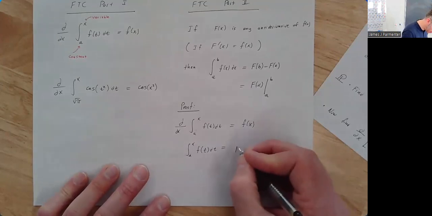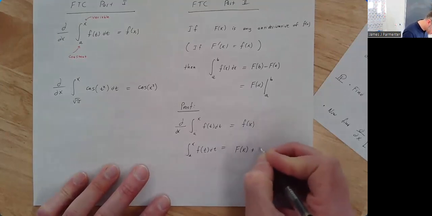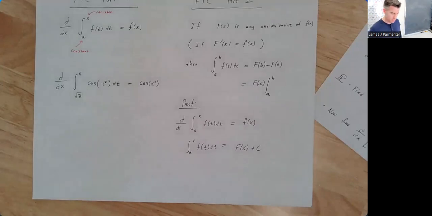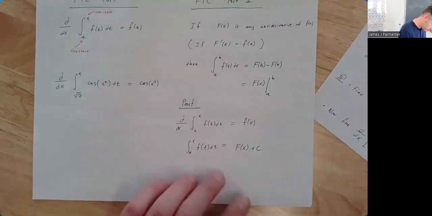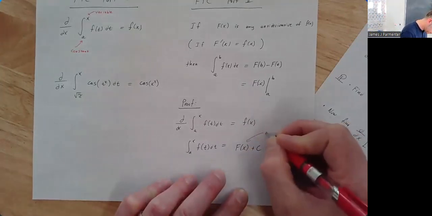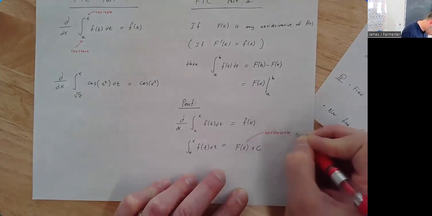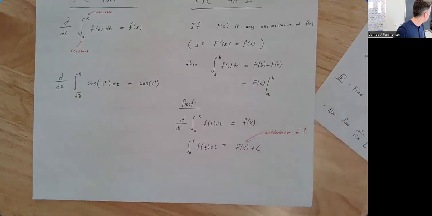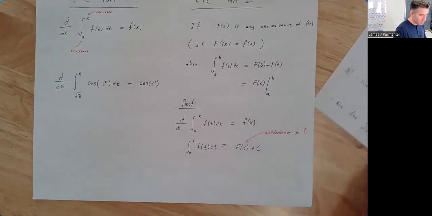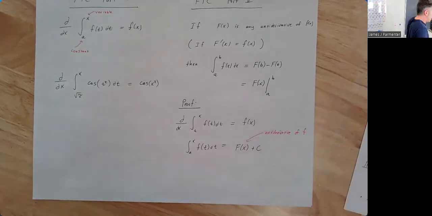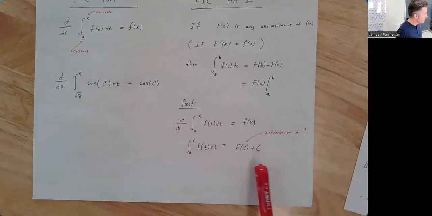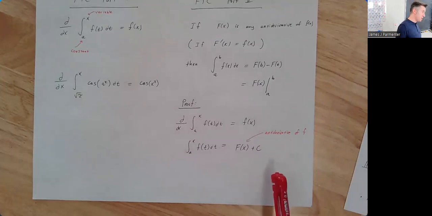Let's call it capital F. And we add on a constant, because you can always add on a constant if you find the antiderivative. The derivative of a constant on its own is just 0.